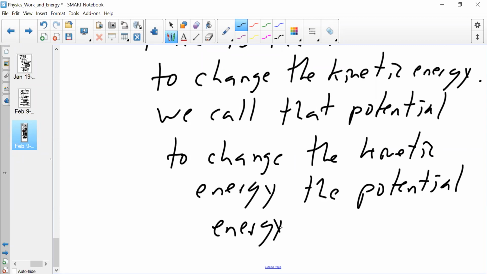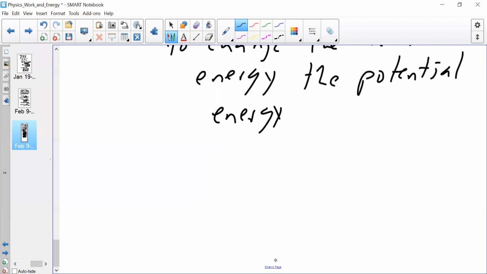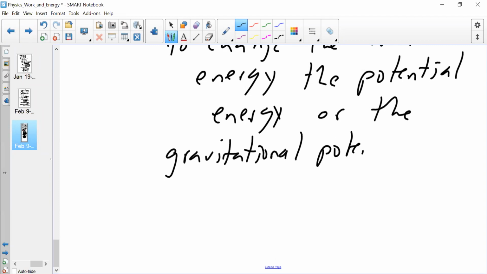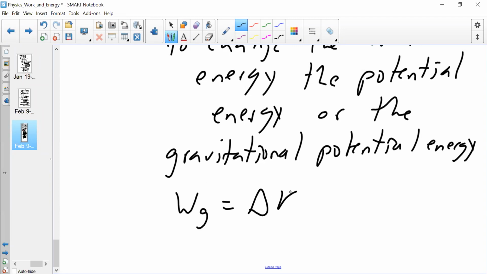Or better yet, since we're talking about the force of gravity doing work on this object to move it downward, specifically this potential energy is referred to as the gravitational potential energy. Simply put, we have the work done by gravity, which is equal to the change in kinetic energy.